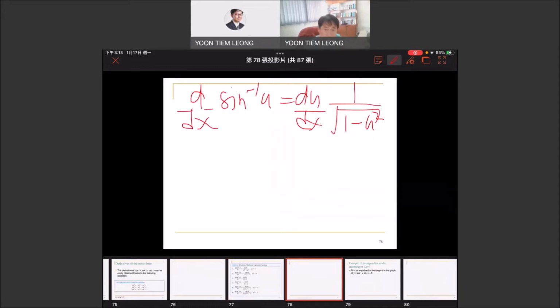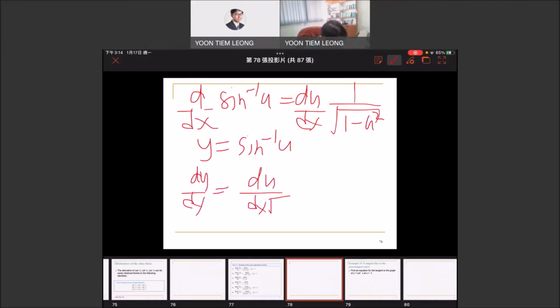So you can easily obtain the antiderivative, right? So this is the derivative version. The antiderivative version of it can be easily obtained by using the same trick that I mentioned earlier on. To simplify my working, I just call arc sine of u as y, so that I have dy dx equals du dx times 1 over the square root of 1 minus u squared.